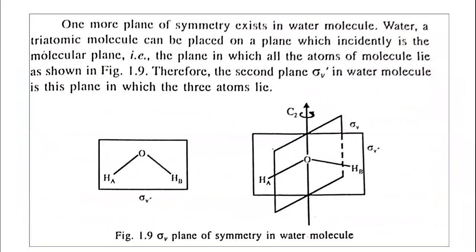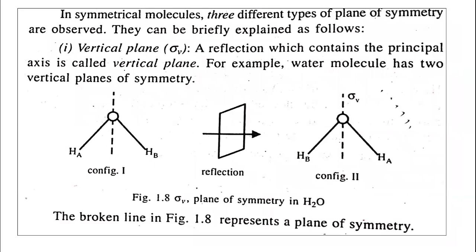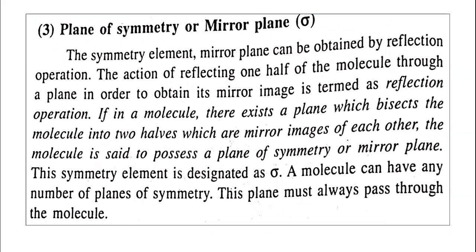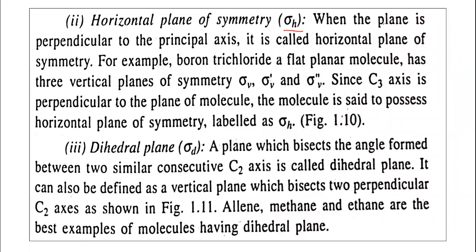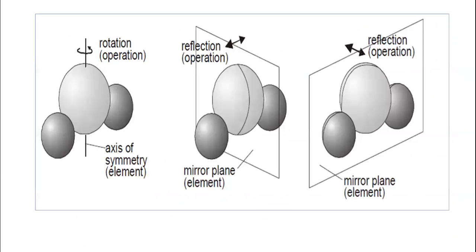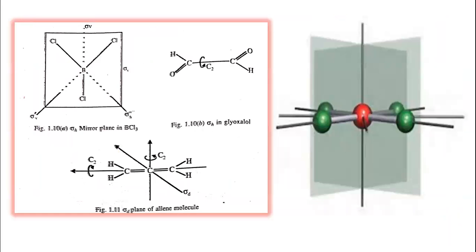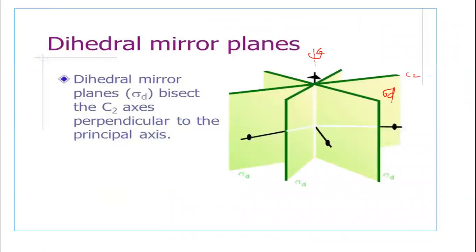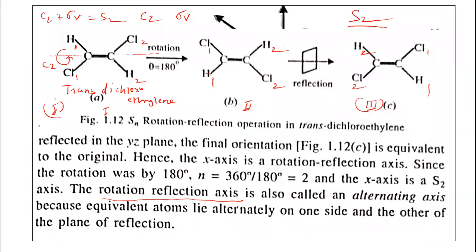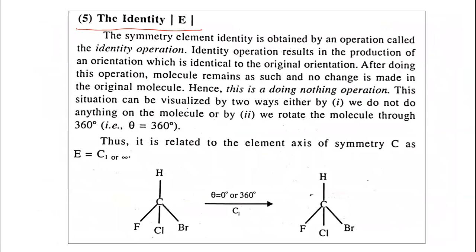When the plane is perpendicular to the principal axis, it is called the horizontal plane of symmetry. So this trans-dichloroethylene molecule has the horizontal plane of symmetry, the C2 axis, and the center of inversion.